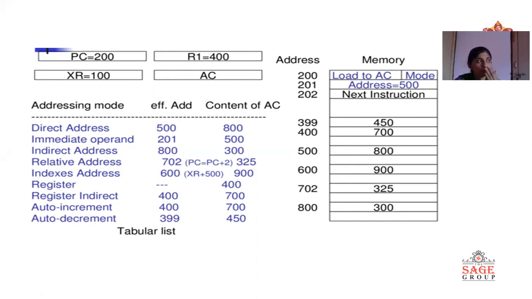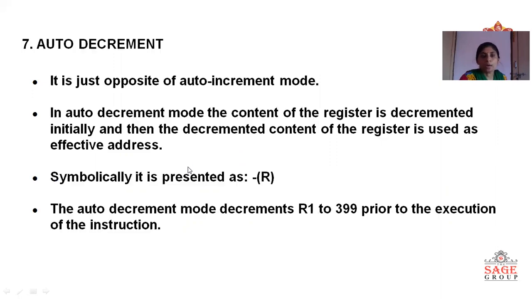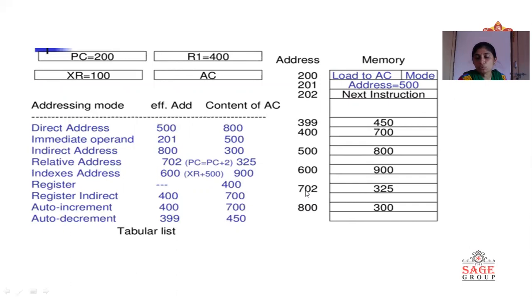Fetching and decoding increment it by 2 to 202. Then 202 and 500 are added, giving the effective address 702. Going to address 702 in memory, 325 will be loaded into the accumulator. This is the relative addressing mode.